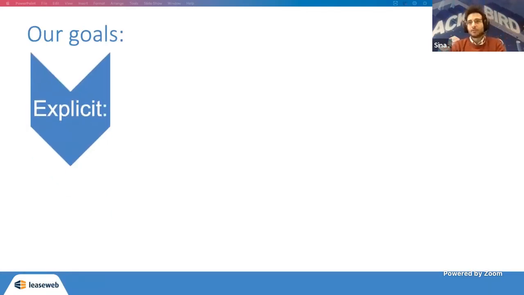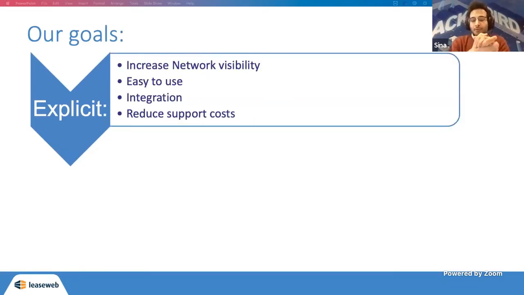So let's clear it up a little more. We have explicit goals that we want to achieve. We want to make the network visible for the customers, so they have an idea of what's inside the VM. We want it to be easy to use, so we don't have to put a lot of effort into training our support team and our customers to use that feature. This should be easily manageable from the customer side.